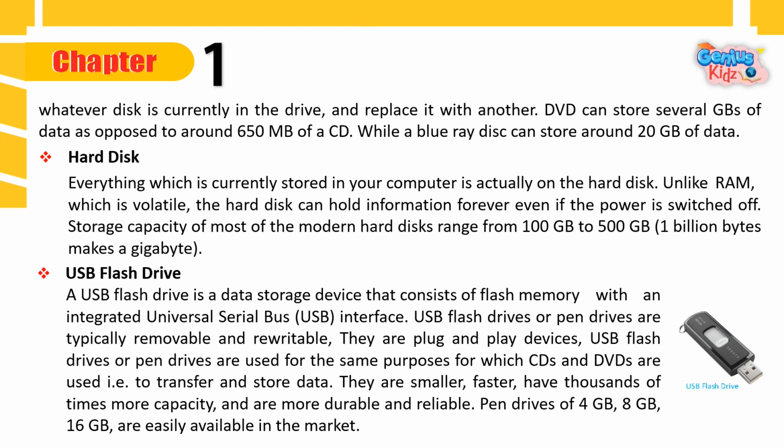USB flash drives or pen drives are used for the same purposes for which CDs and DVDs are used, for example, to transfer and store data. They are smaller, faster, have thousands of times more capacity, and are more durable and reliable. Pen drives of 4 GB, 8 GB, 16 GB are easily available in the market.